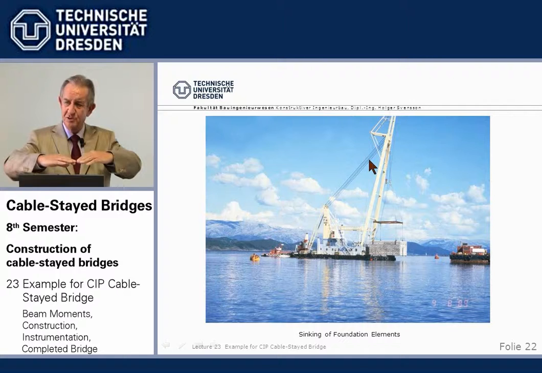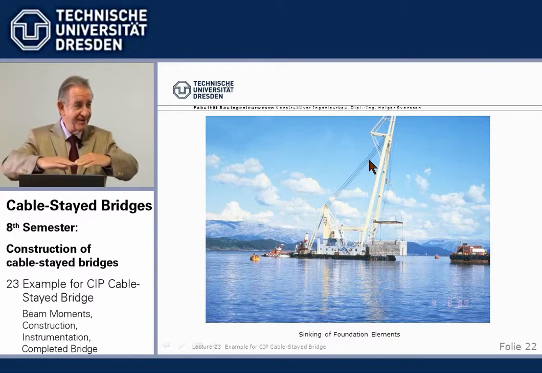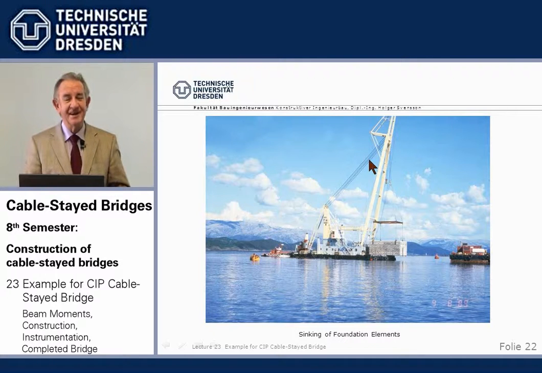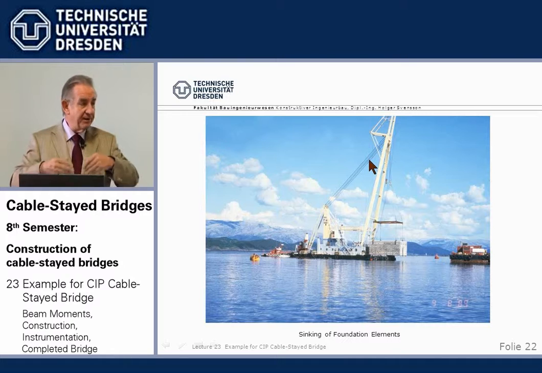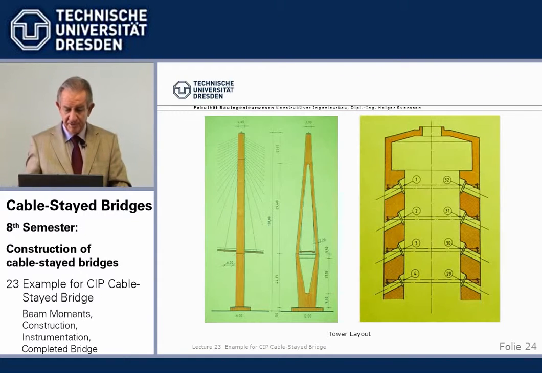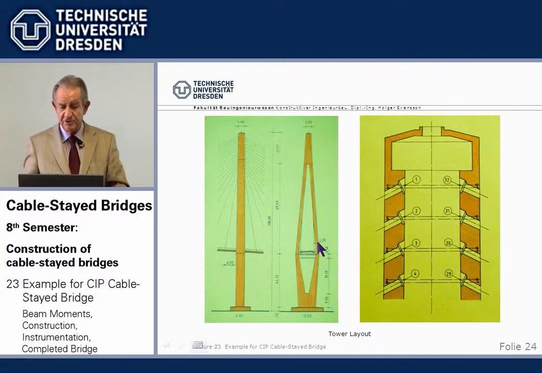Klaffende Fuge. That is not a word in English. So to prevent tension there, and also because we had to cater for ship collision, and there we also needed the loads. Up above, the boxes were hollow as usual. This is the tower layout, 70 meters, only 2.2 meters wide, and in general 40 centimeters wall thickness.